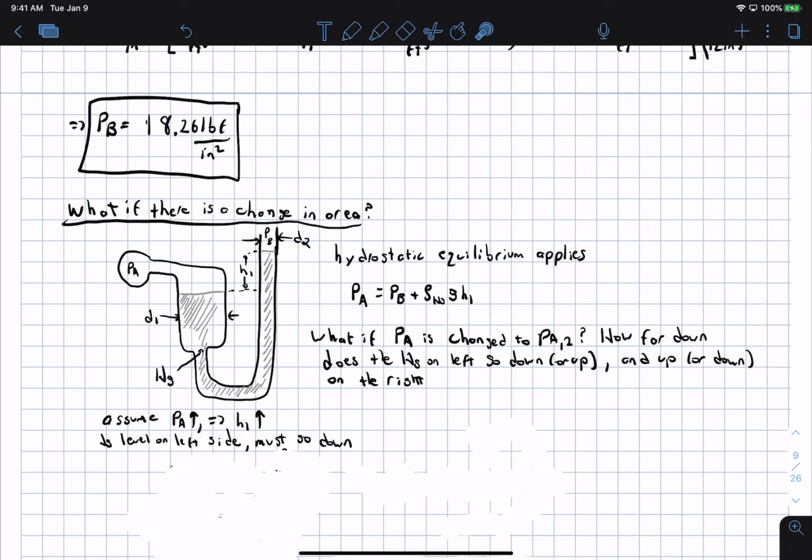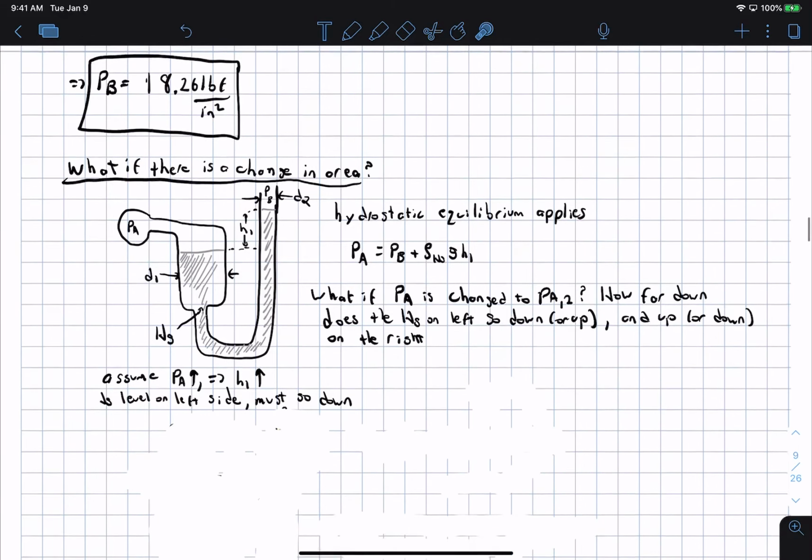Okay, and so if we assume that PA is increased, that means the height of the mercury here is going to go up, and this change of height between the level of the mercury here and the level of the mercury here is going to go up.